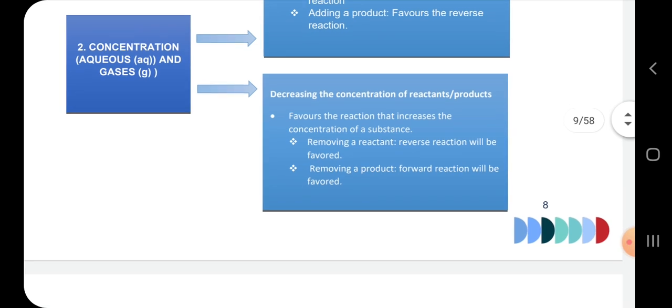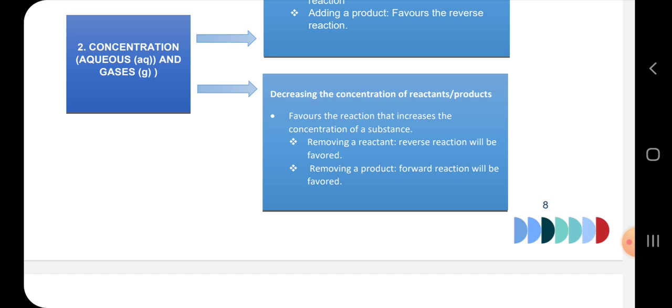And then decreasing the concentration of a reactant or product. So when you decrease the concentration, you favor the reaction that increases the concentration. You are decreasing it, but the reaction that increases the concentration of that substance will go up, will fight. What are you trying to do? We are settled and you are here trying to fight us. We are going to repel whatever you want to do to the system.